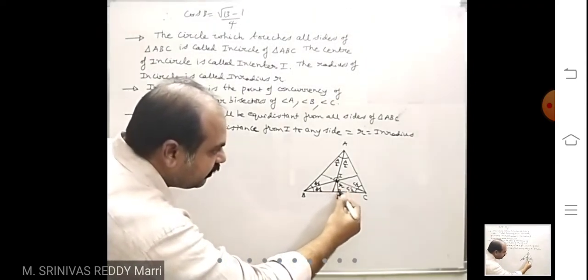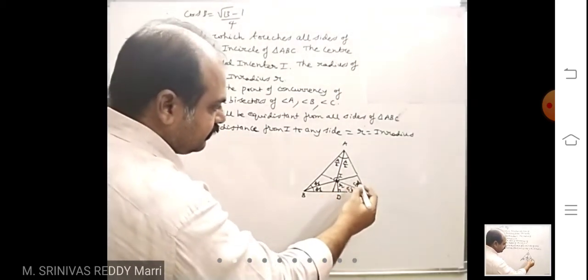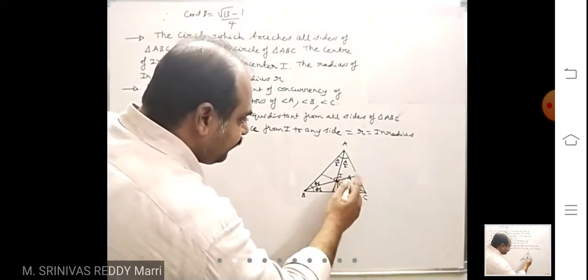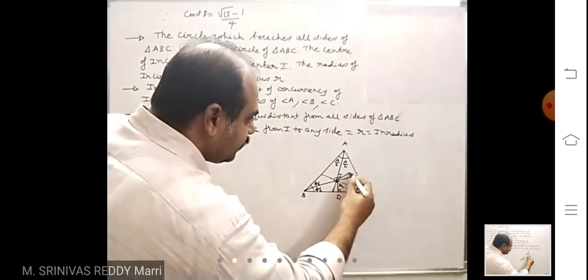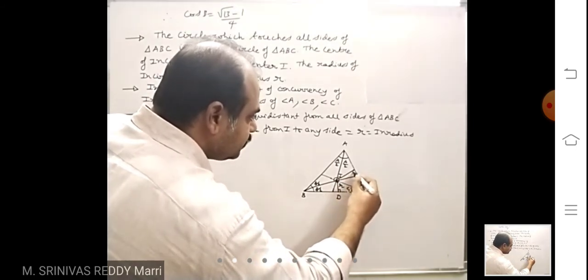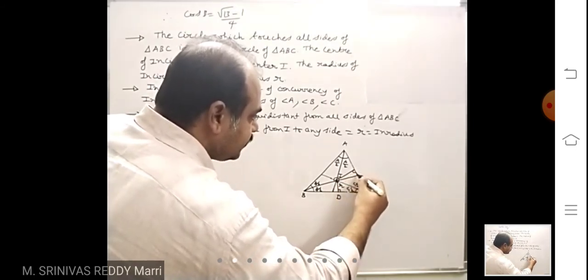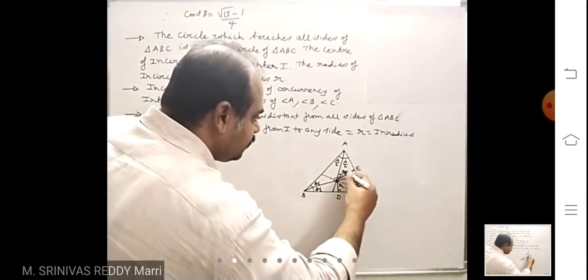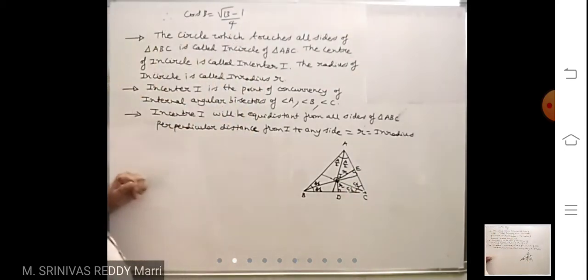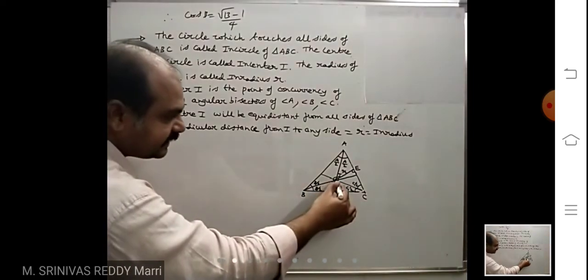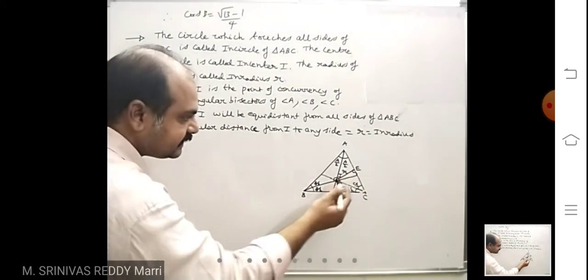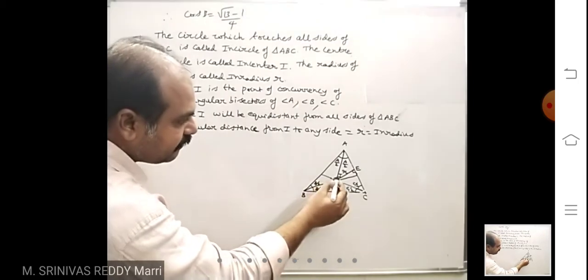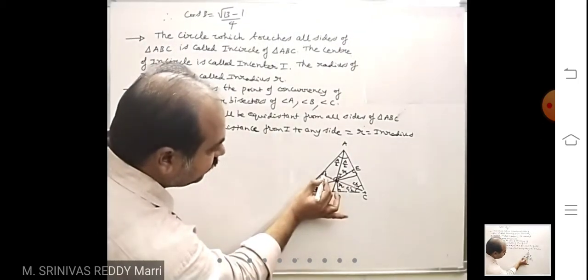From I, I am dropping a perpendicular upon CA. Let us say this is E. So this is also called the inradius. Then I am dropping a perpendicular from I upon AB.